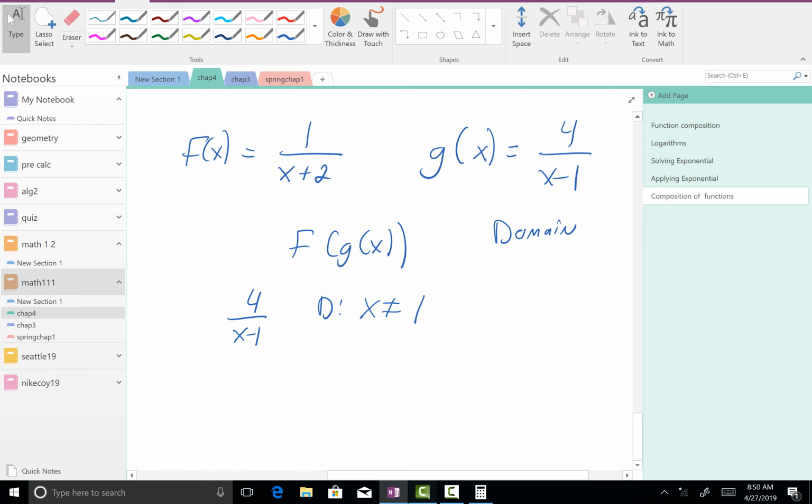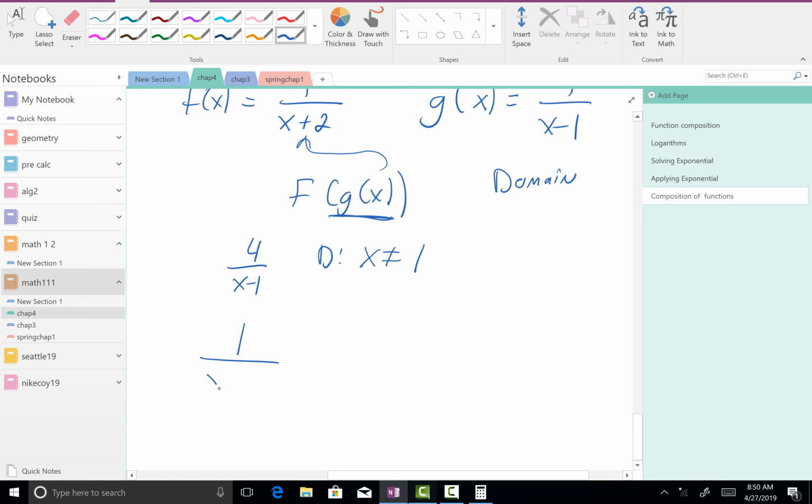So that right away isn't going to work. Then I'm going to get some outputs from this, which are going to become the inputs into this one. So then we come down here and ask, what about this? Is there anything that the domain can't be for that one?